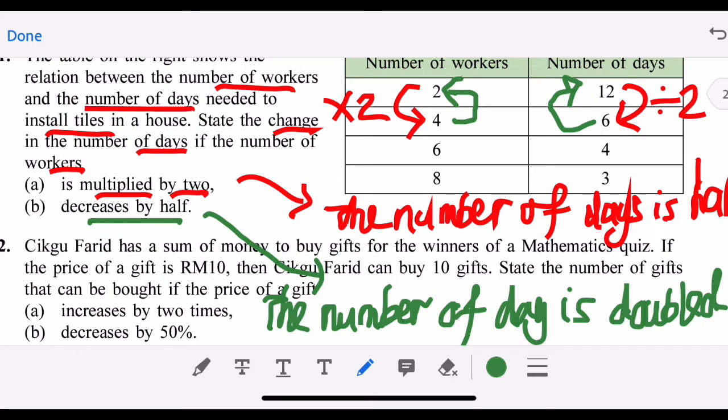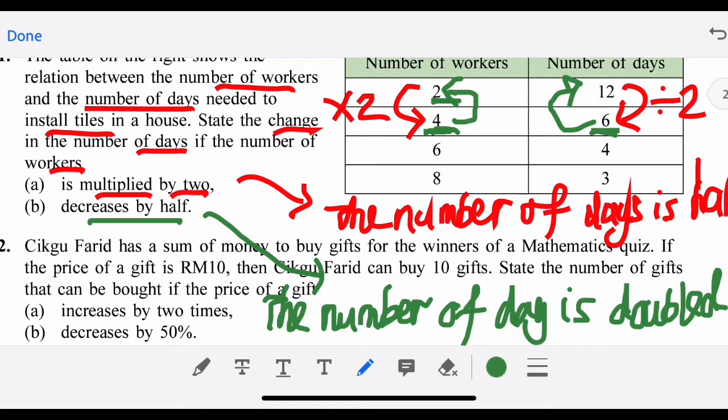As I showed with the green arrow, 4 becomes 2. So it means 4 divided by 2. So when the number of workers changes from 4 to 2, the number of days will change from 6 to 12.